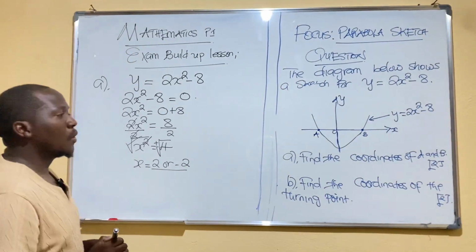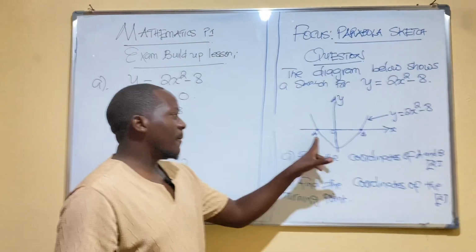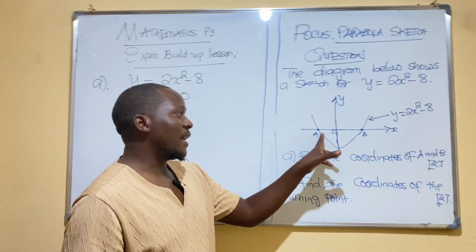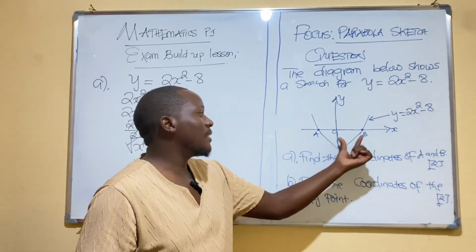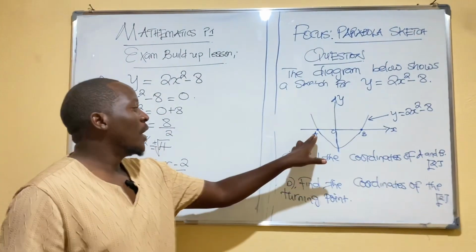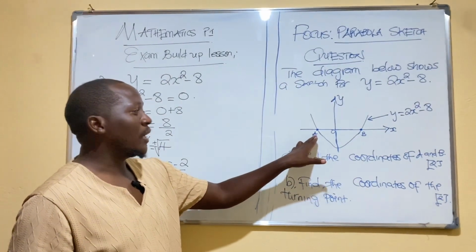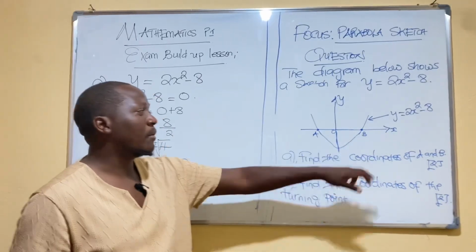Then we're going to look at A and B. A is on the left side before 0, which means this is the negative part of the x-axis, then this is the positive part. So negative 2 will be occupied on A, and then B will occupy positive 2.